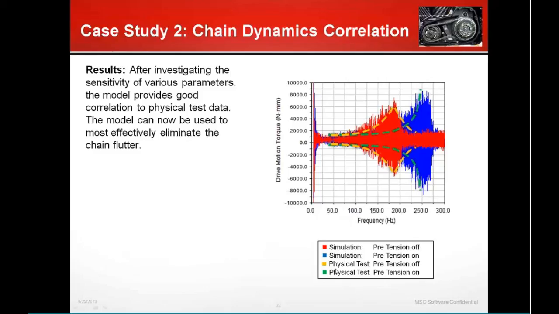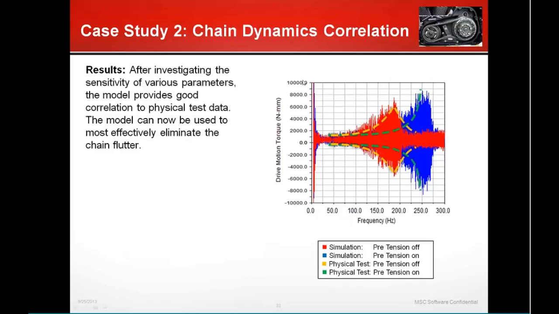With the pretension off, the yellow dotted line is the physical test result, and the whole system reaches its resonance frequency at about 175 Hertz. But when we turn on the pretension, the system resonance frequency shifts to about 250 Hertz, and the amplitude has also increased.